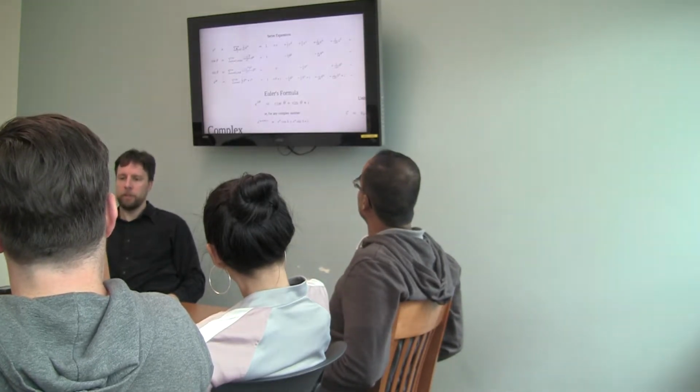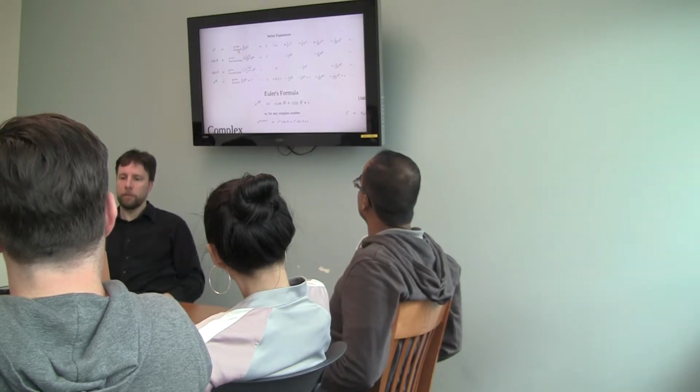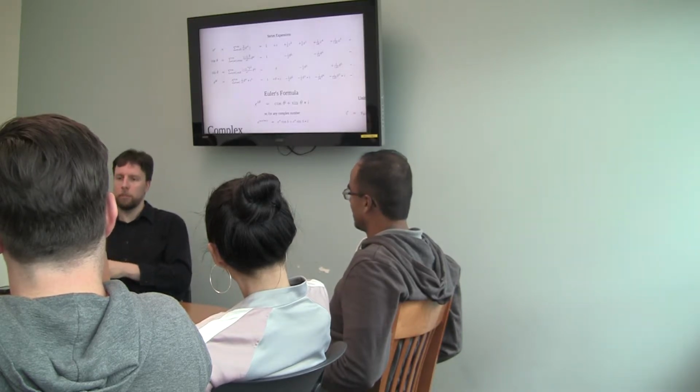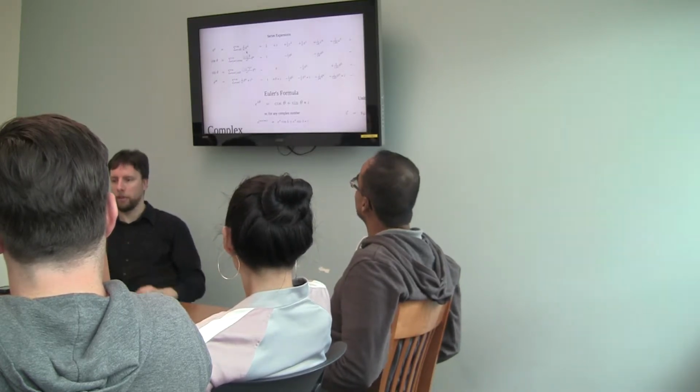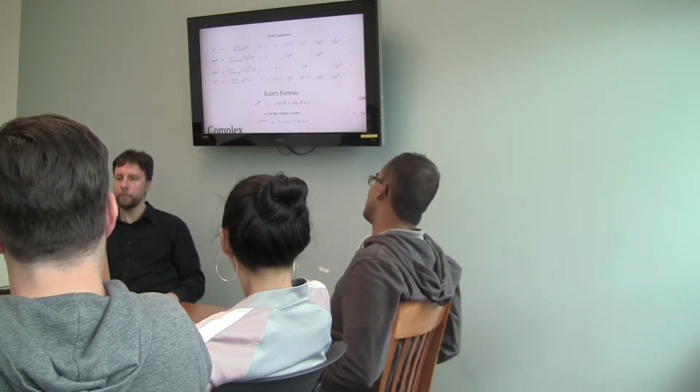If you're not familiar with the sigma notation, that just means you're summing all of the different terms. So you're summing the n equals 0 term of this expression, plus the n equals 1 term, plus the n equals 2 term, et cetera. So the n equals 0 term is 1, the n equals 1 term is x, the n equals 2 term is 1/2 x squared, et cetera.